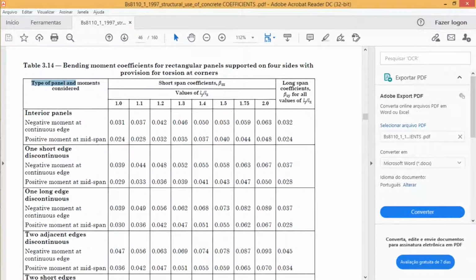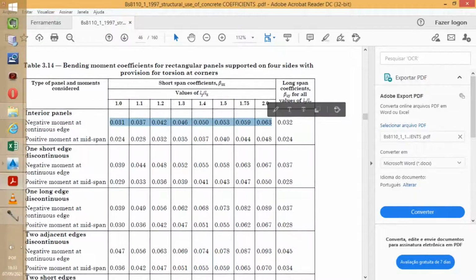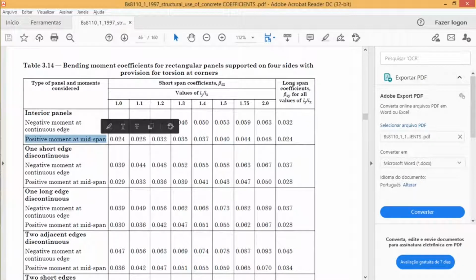As we can see, the type of panel will be interior panels, meaning it's supported on 4 sides, or one short edge discontinuous or one long edge discontinuous, and so on. Then this coefficient is divided into the negative moments, these ones, and the positive moments, these ones, and is further divided into values for the shorter span and for the longer span.